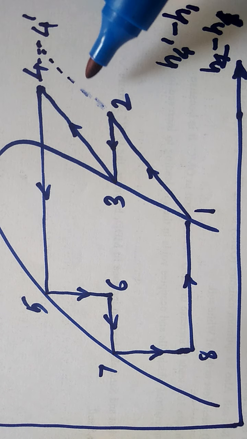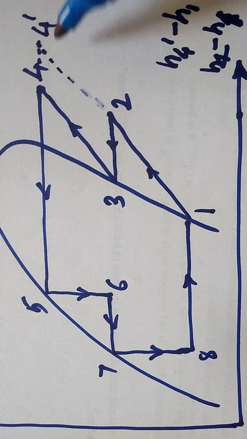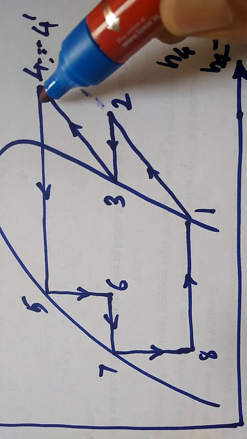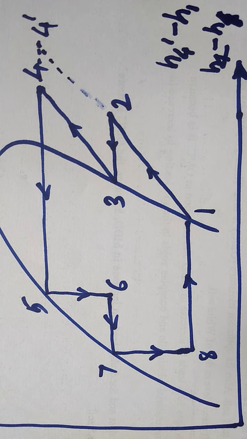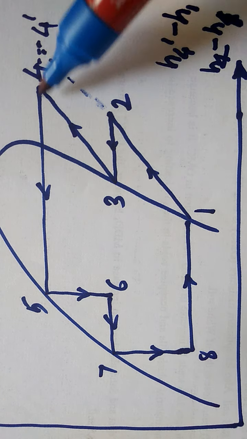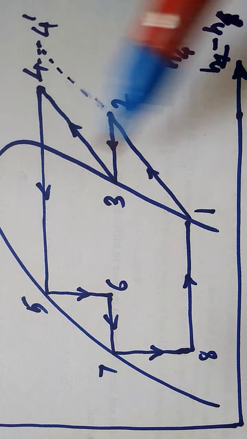Then what will be the pressure ratio so that we can adopt multi-stage compression? The pressure ratio means the ratio of condenser pressure to evaporator pressure.